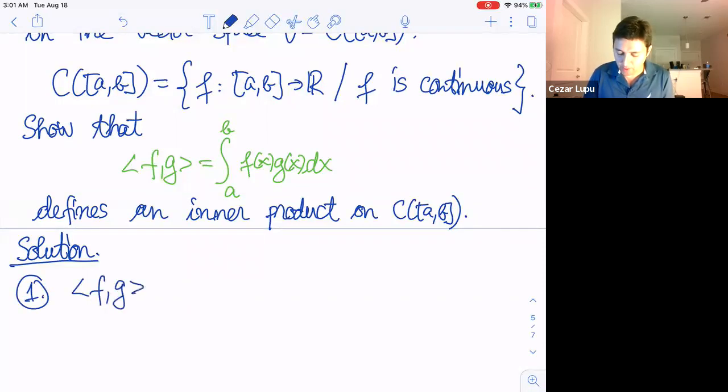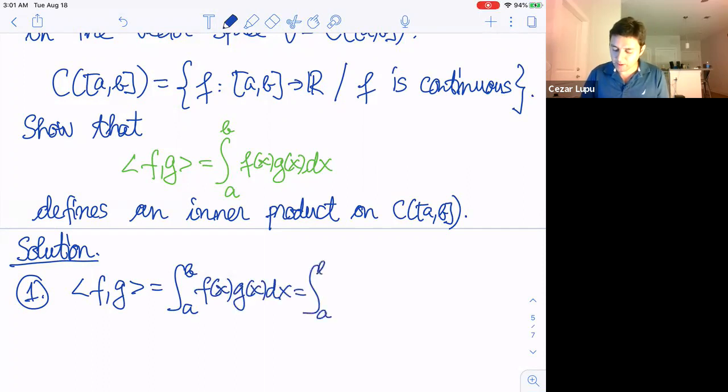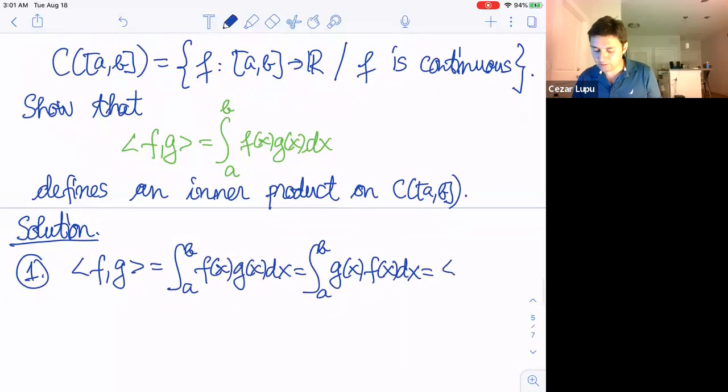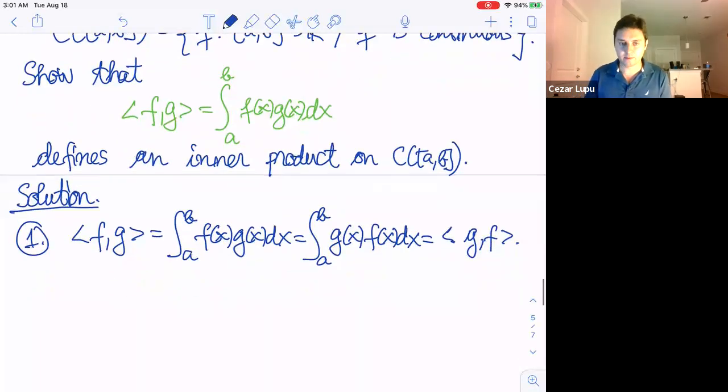Well, the inner product between f and g is, as it's defined, the integral from a to b of f of x times g of x dx. This will be the integral from a to b of g of x times f of x dx. And of course, this is nothing else than the inner product between g and f. Okay, the first one can be easily verified.